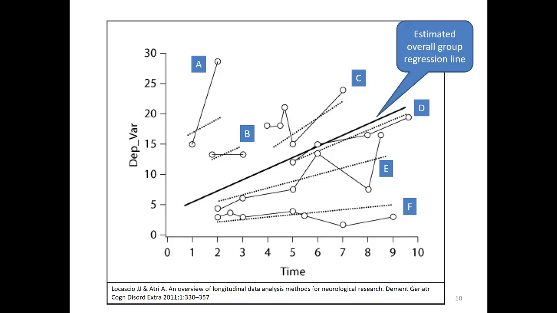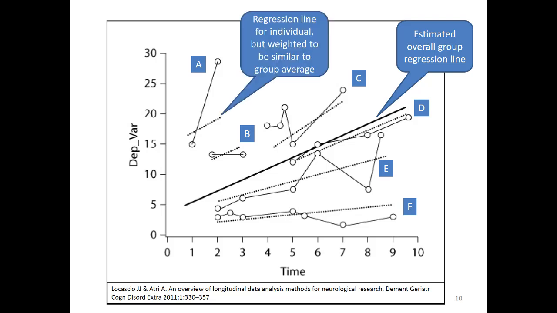So the result of the study is given, the best fitting regression line is given by the dark line labeled estimated overall group regression line. This is a weighted average of the individually customized regression lines depicted by the dashed lines.